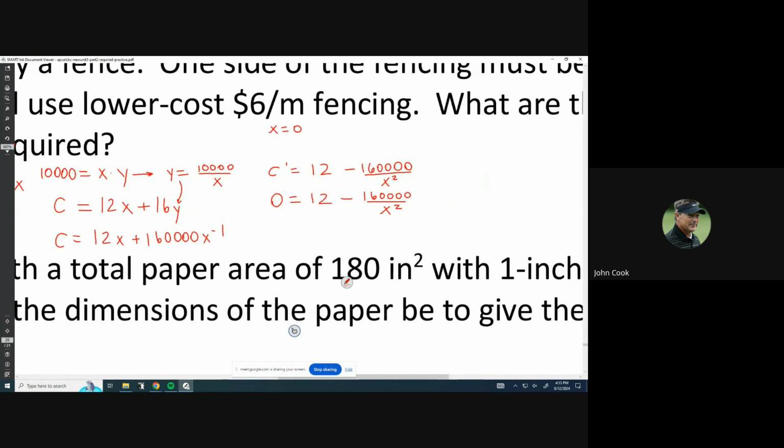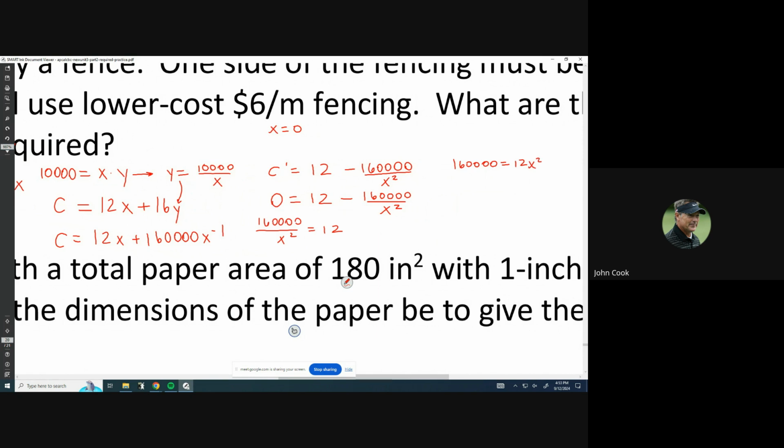Well, we can add the 160,000 to both sides. So 160,000 over x squared, make that positive now, is equal to 12. And then multiply both sides by x squared. So I get 160,000 is equal to 12 x squared.